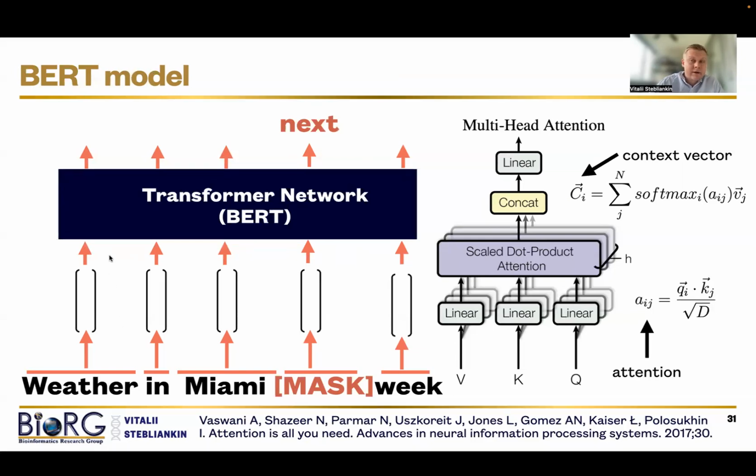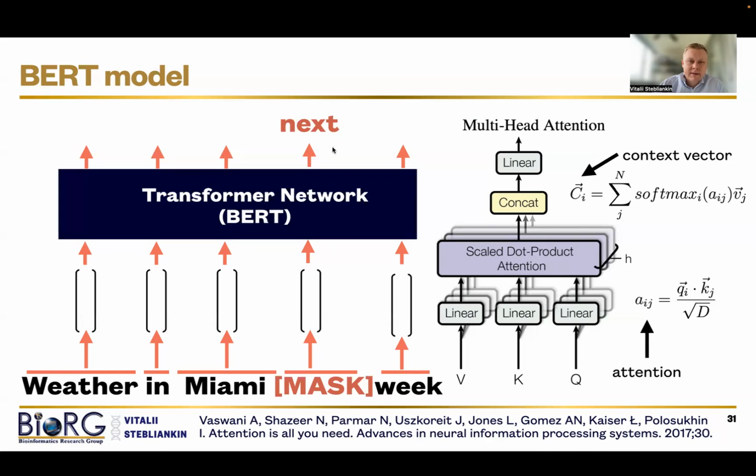Then each vector in a sequence is transformed with this attention mechanism, and the mask token also gets transformed. We take the output for the mask token and try to classify it as the missing word. So from the mask, we try to predict what the missing word was.